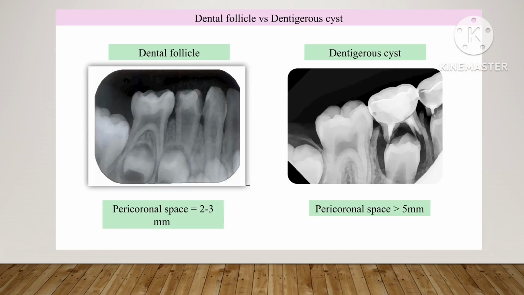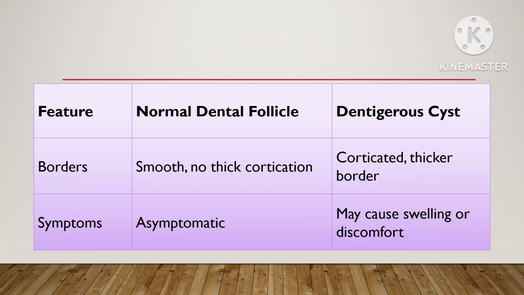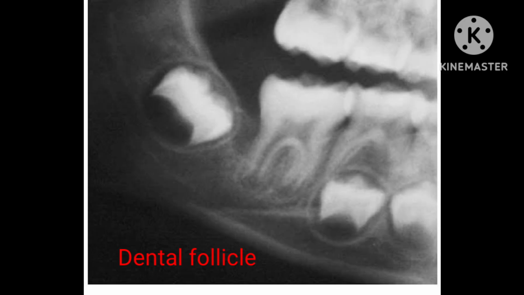If we talk about the shape and margins, the dental follicle is well defined, symmetrical, and regular, present as a radiolucent halo around the crown. The margins are smooth and continuous without any interruption or irregularities.